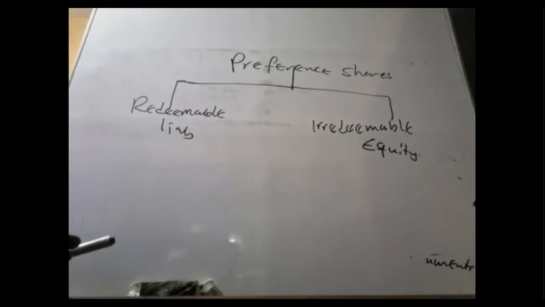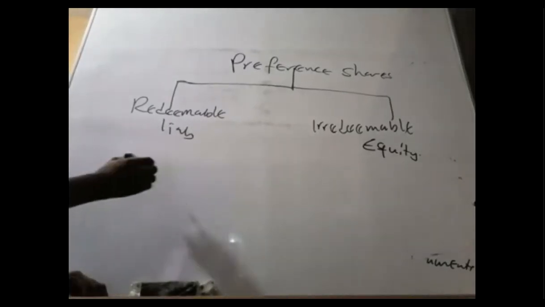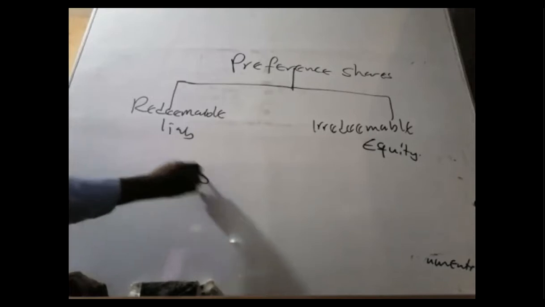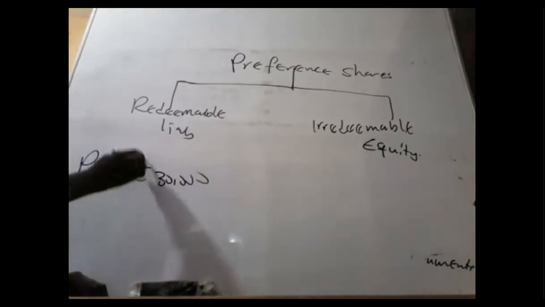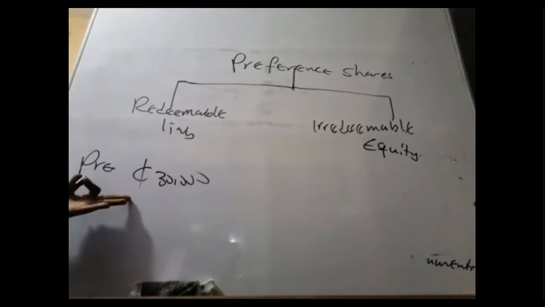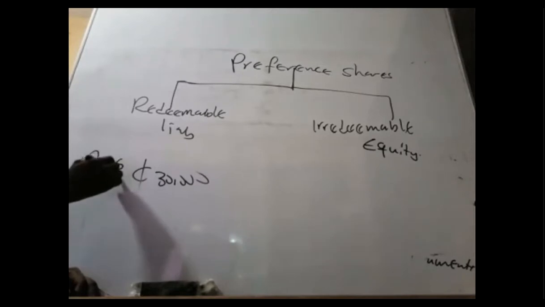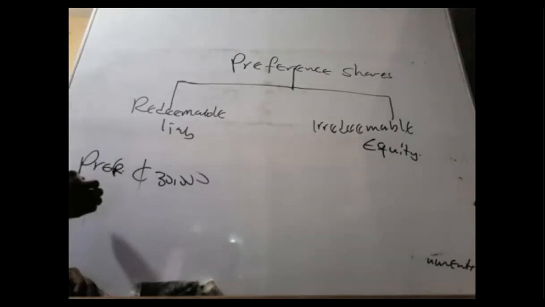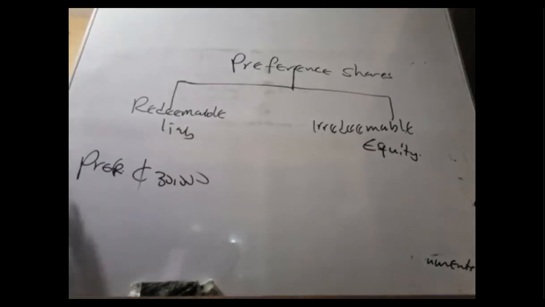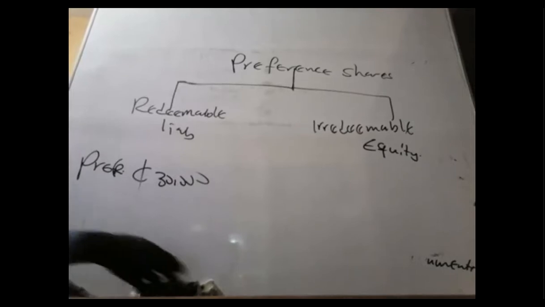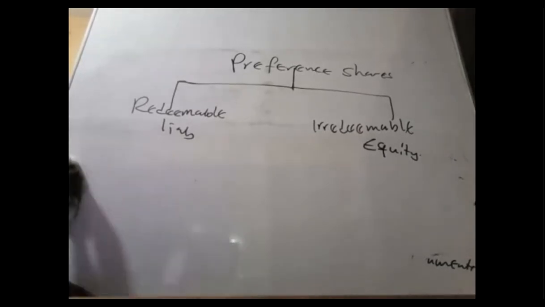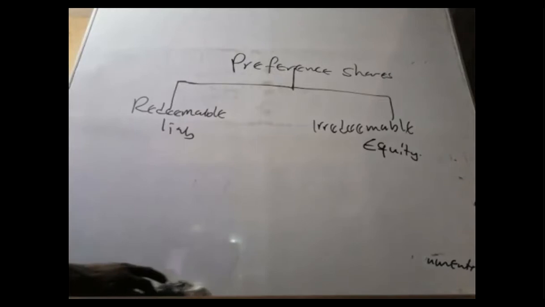So if I write 30,000 preference shares like this, this is irredeemable preference shares, because if it is redeemable, I'll tell you, in brackets, redeemable at 2015 or 2016, 2030, in that order. So if I write preference shares without any description, we refer to it as irredeemable.